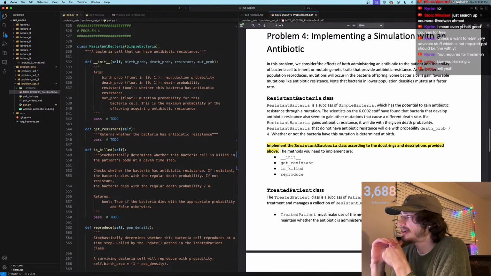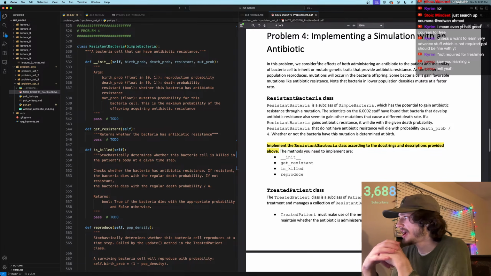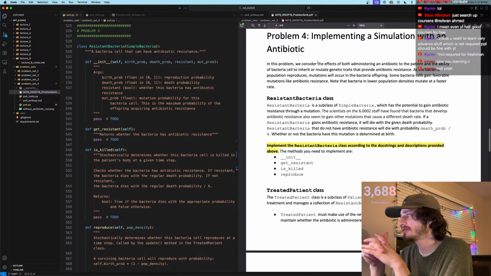Resistant bacteria class. Resistant bacteria is a subclass of simple bacteria, which has the potential to gain antibiotic resistance through a mutation. The scientists on the 6.0002 staff have found that bacteria that develop antibiotic resistance also seem to gain other mutations that cause a different death rate.